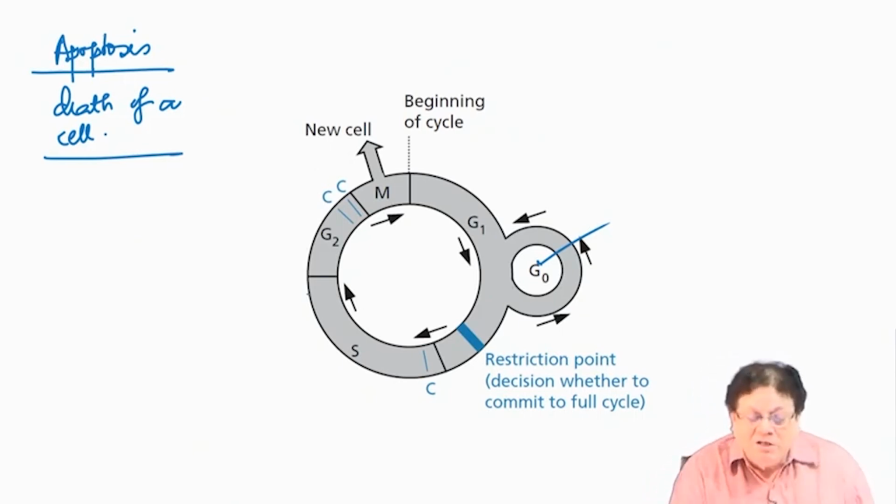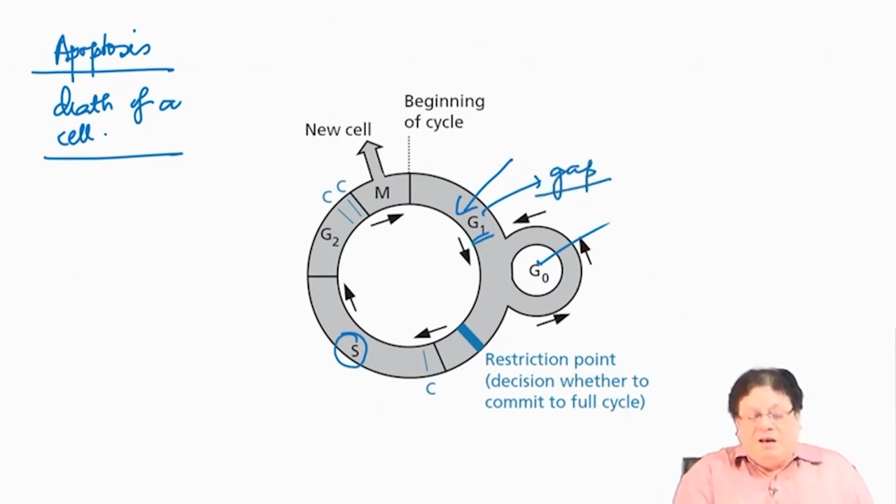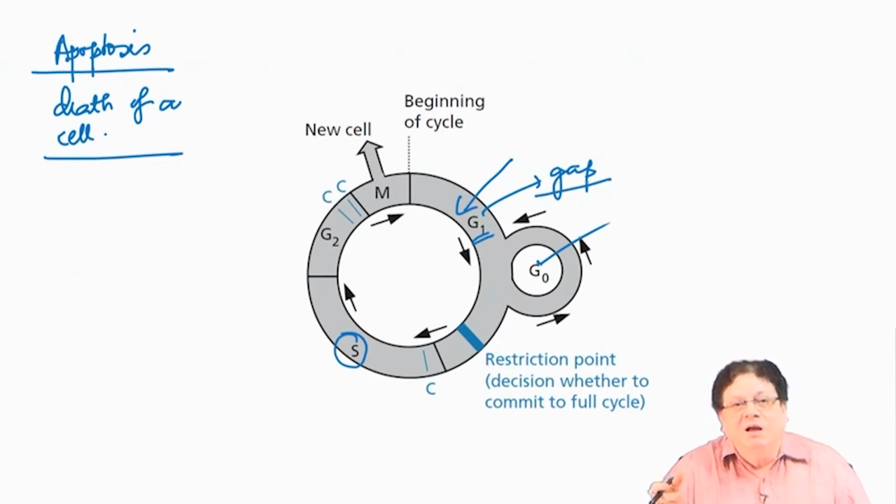So, it all starts with the G1 phase, and then it goes to the S phase. G1 means the gap 1 phase. That means it is now preparing the cell for synthesis of the DNA, which means the replication of the DNA.